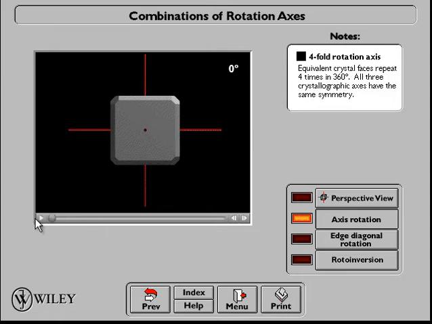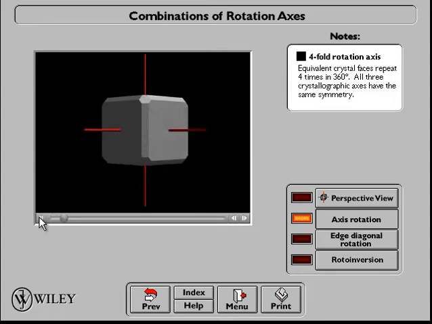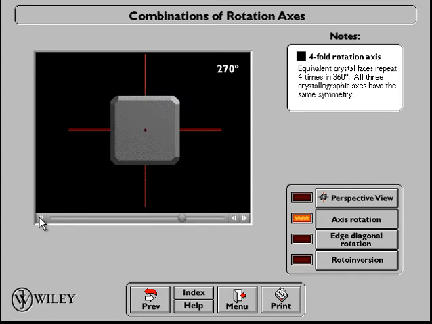Let us just check if this is true. Yes, here after 90 degrees, 180, 270 and 360 degrees. So this was now the 4-fold rotation axis.